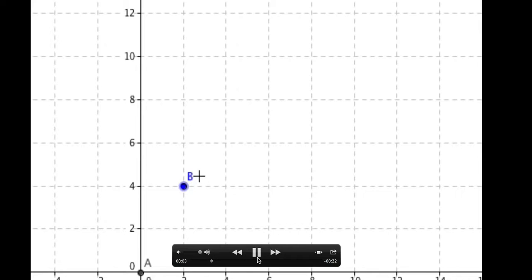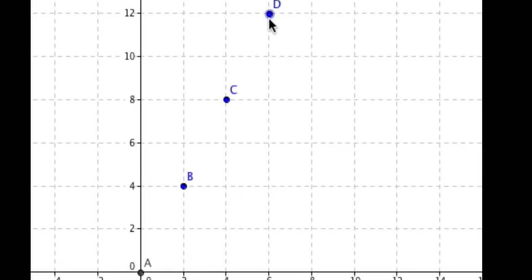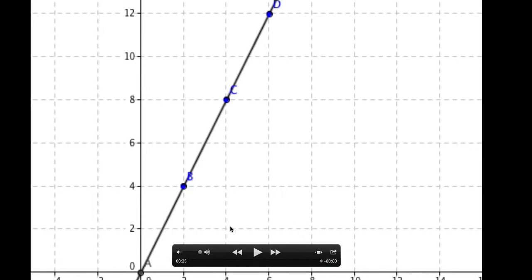So we graph those points, 0, 0, 2, 4, 4, 8, and 6, 12. And then we connect all those points with a straight line. There you go.